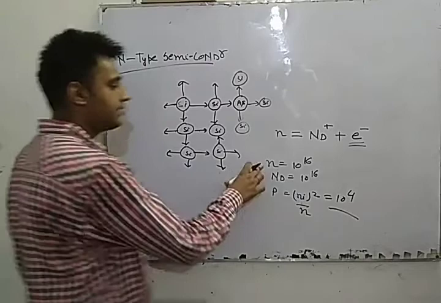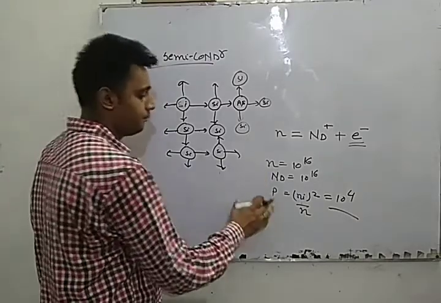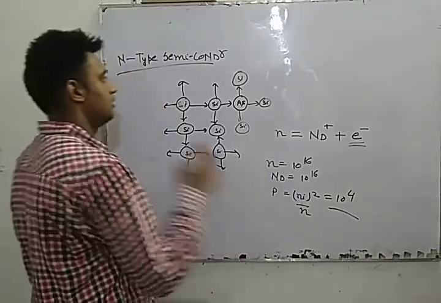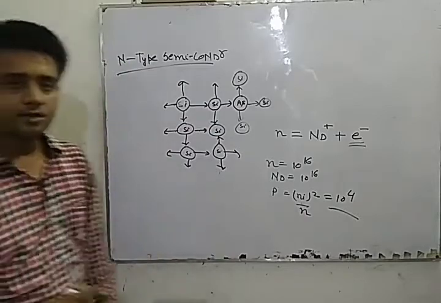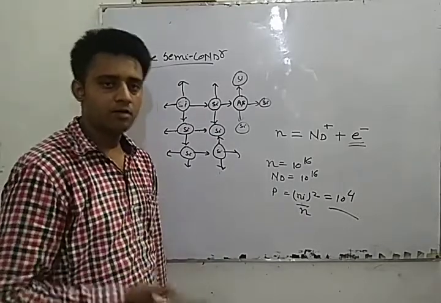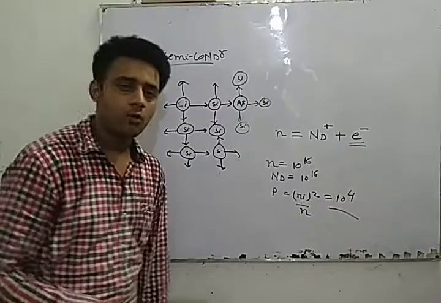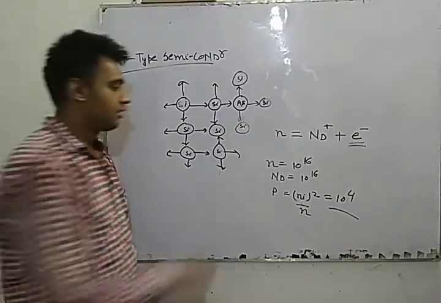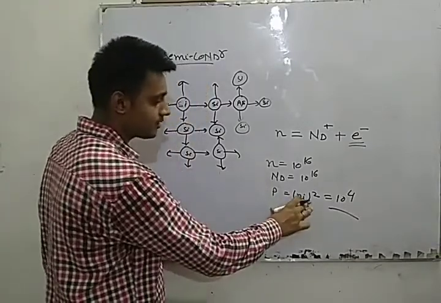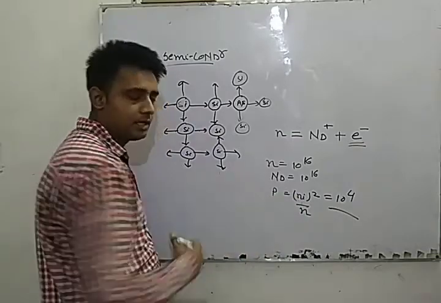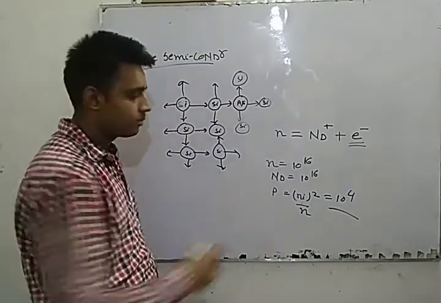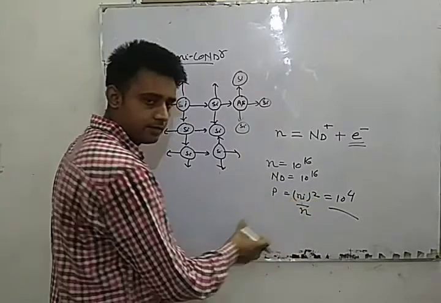Here N is the majority carrier and P is the minority carrier. So the N-type semiconductor is the semiconductor where mainly the current flow is due to the electrons. The electrons are the majority carriers and holes are the minority carriers. And the new relation we studied, the multiplication of N into P, is equal to Ni square, a constant.